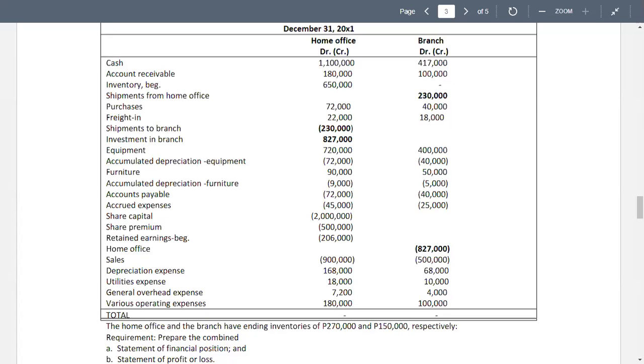General overhead cost, 11,200, and various operating expenses in the amount of 280,000. Okay? So your total of the expenses is 555,200.